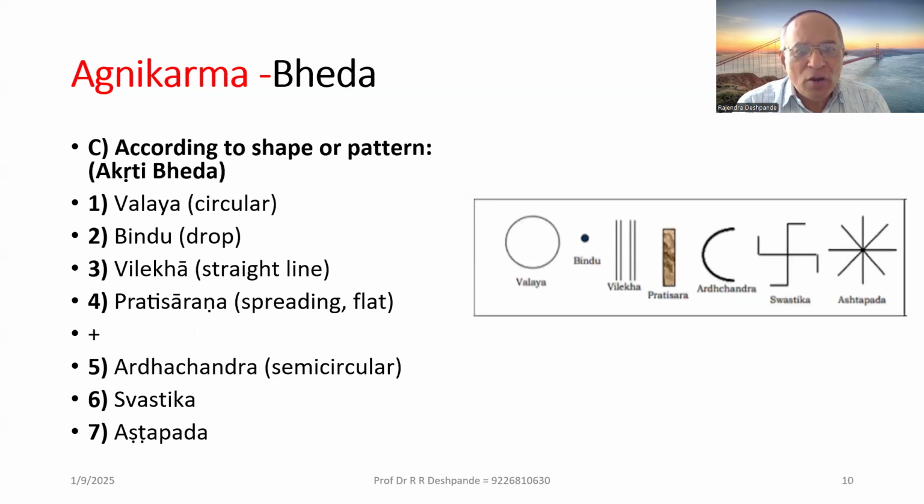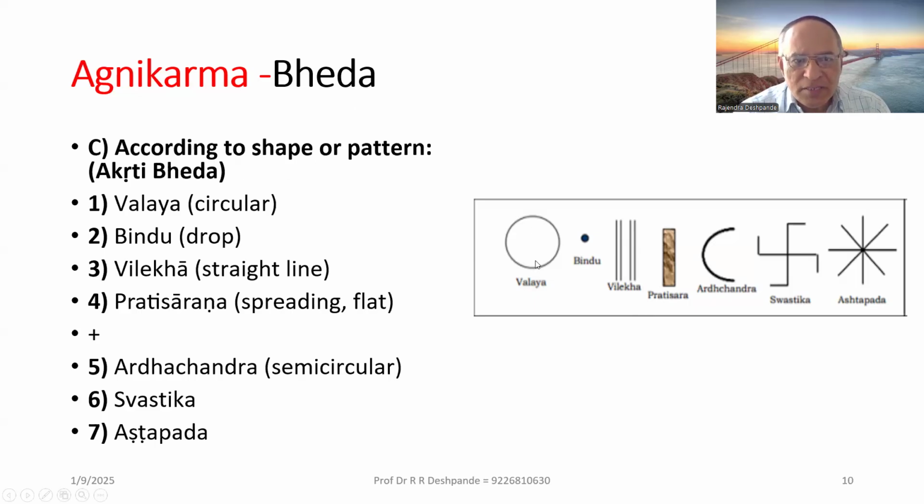Now, we are talking about Agni Karma Bheda based on shape or pattern. This classification is based on the shape or pattern we get after the Agni Karma, and according to that shape and pattern we do the Agni Karma. That is Akriti Bheda. Here you can see the figure; I am moving my cursor.